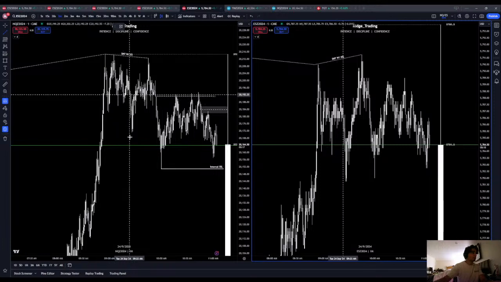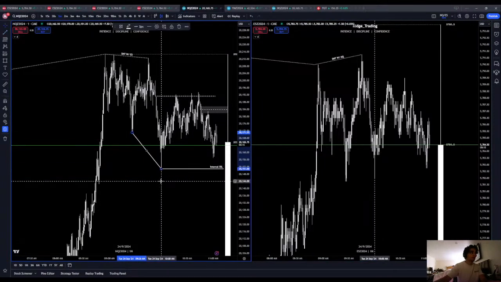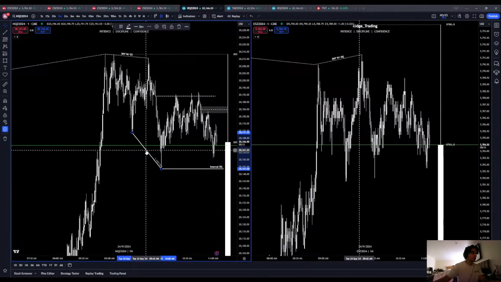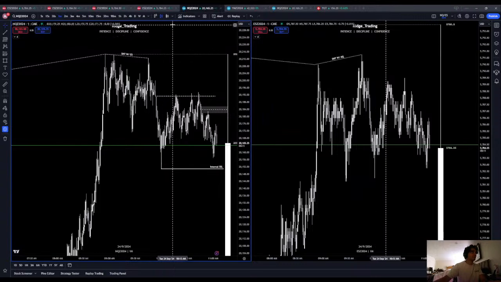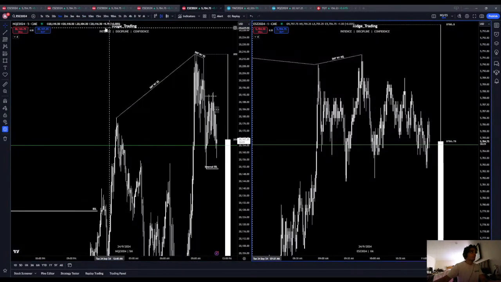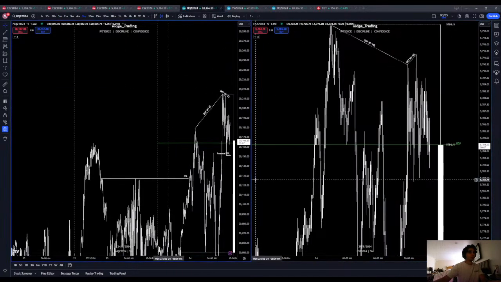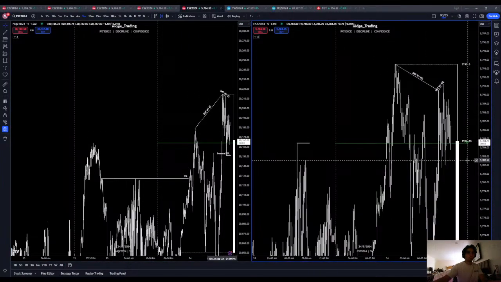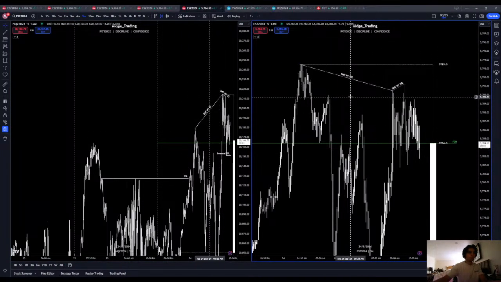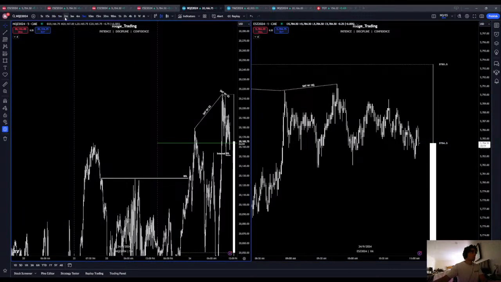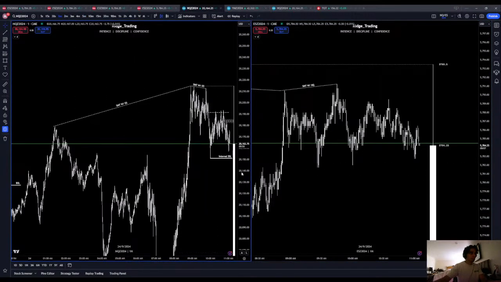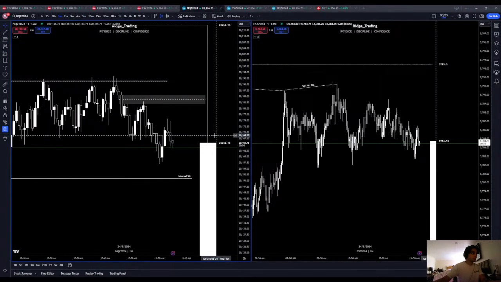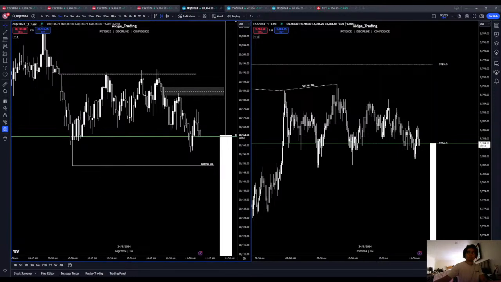We also have an SMT to the bullish side, but that's not going to be as precedented because the high time frame liquidity here was taken. So that's kind of more important to me when I'm looking at finding my bias. So I do really like shorts here.